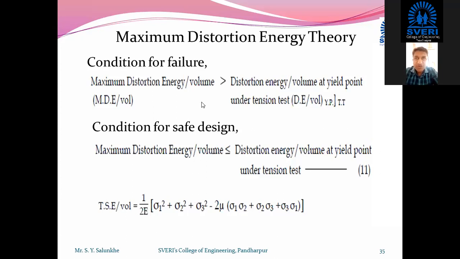So the maximum distortion energy per unit volume, from the principal stresses which we can calculate from Mohr's circle, if it exceeds the distortion energy per unit volume at the yield point under the tensile test, which is conducted by means of the UTM in uniaxial loading.